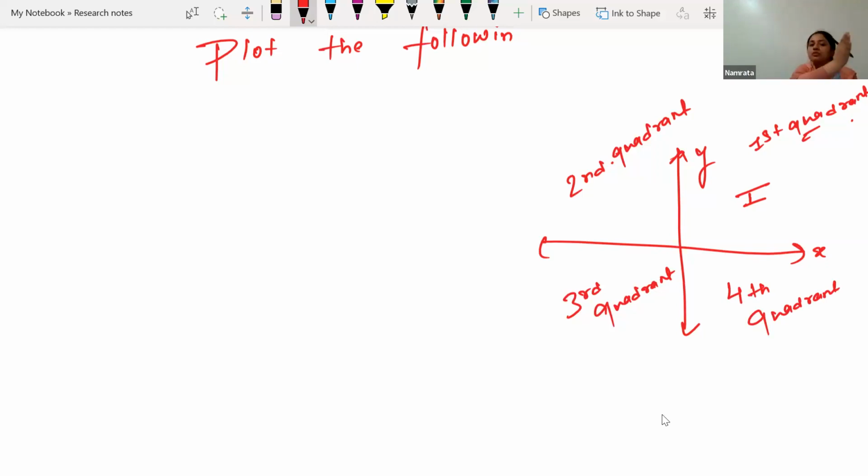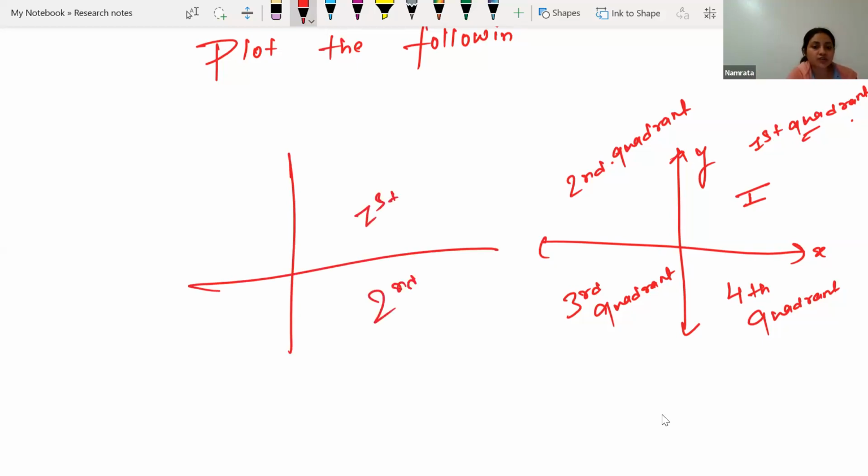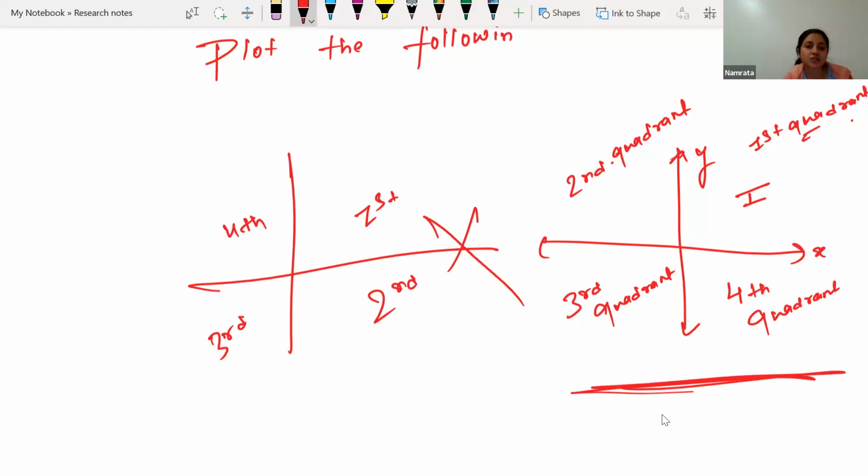Then we move towards the left and get the second quadrant, then we move downside and get the third, then towards the right we get the fourth. This is the sequence. If you say we can write it anyway, this one as the first, this one as the second, this one as the third, and this one as the fourth, the arrangement is wrong. This way only it has to be the first, second, third, and fourth.